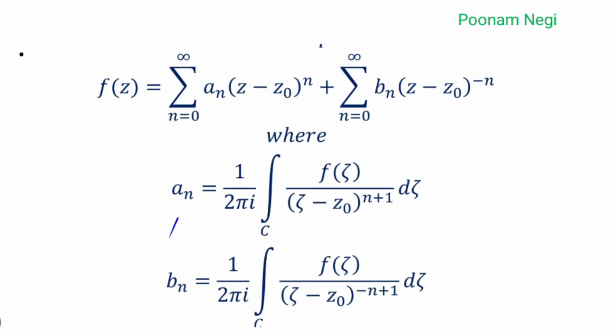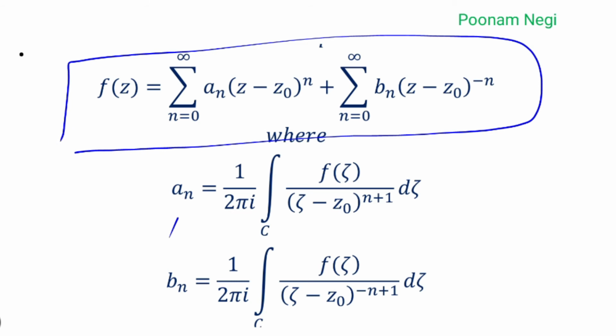Now this is the Laurent expansion, where f(z) equals the summation, n from 0 to infinity, of a_n (z minus z0) to the power n, plus the summation, n from 0 to infinity, of b_n (z minus z0) to the power minus n.